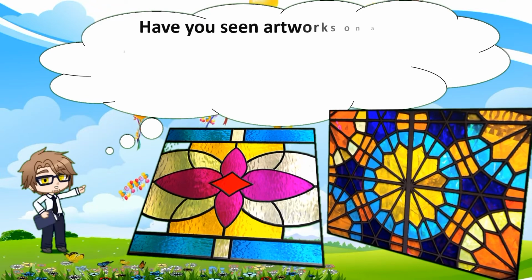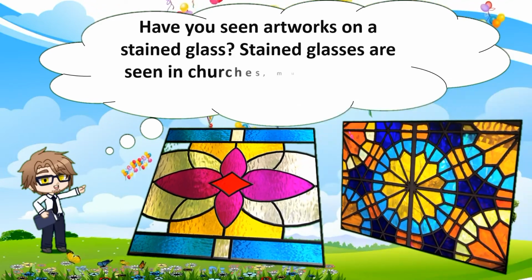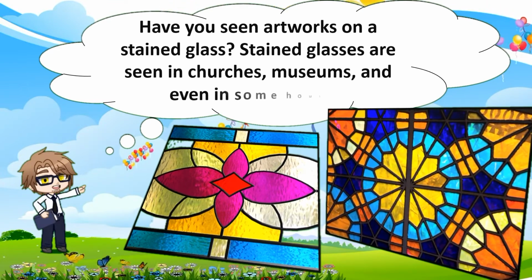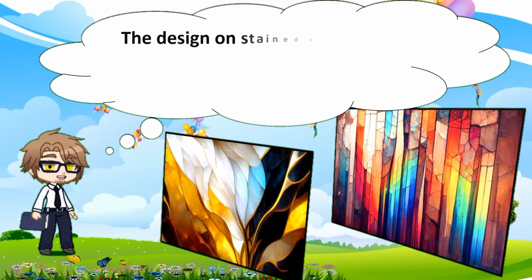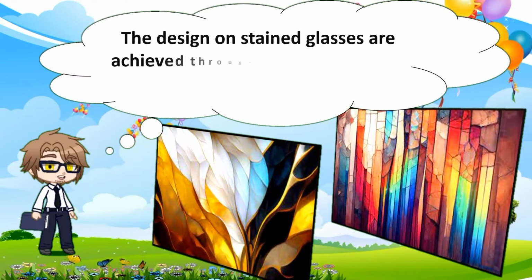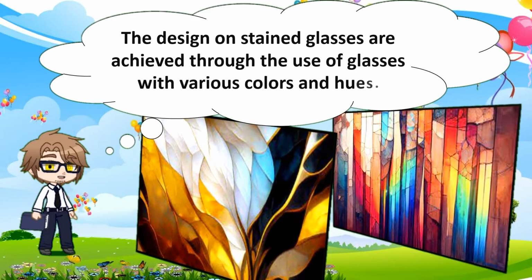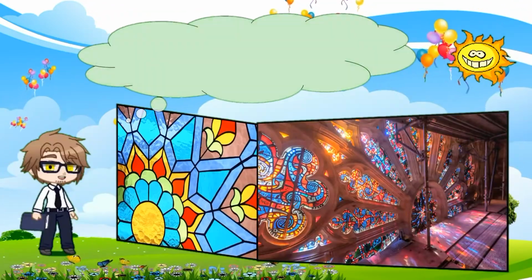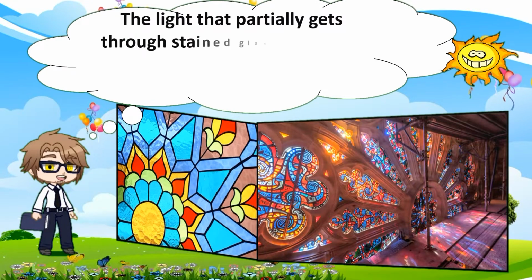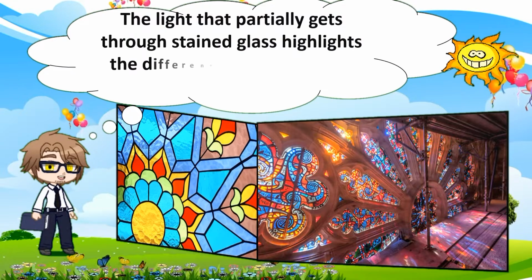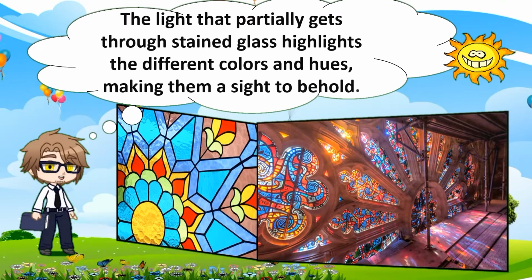Have you seen artworks on stained glass? Stained glass is seen in churches, museums, and even in some houses. The designs on stained glass are achieved through the use of glass with various colors and hues. The light that partially gets through stained glass highlights the different colors and the hues, making them a sight to behold.